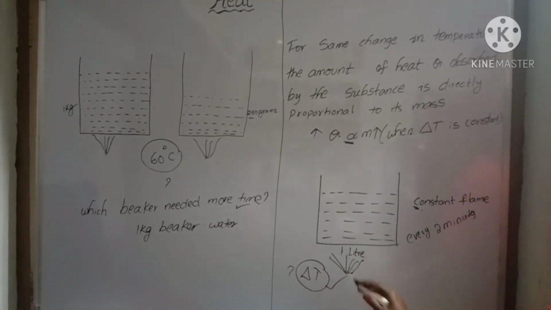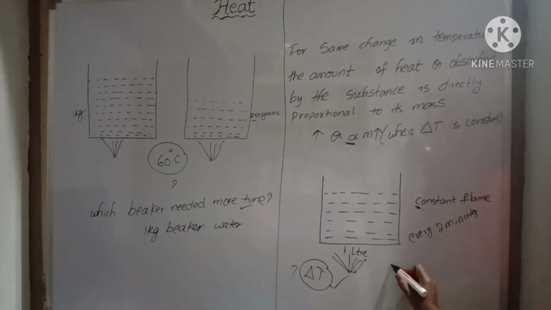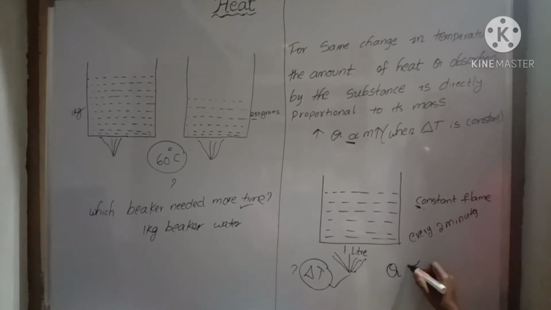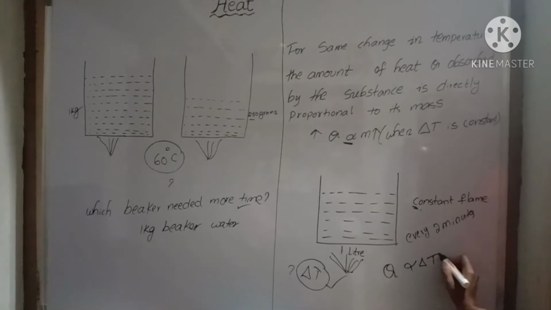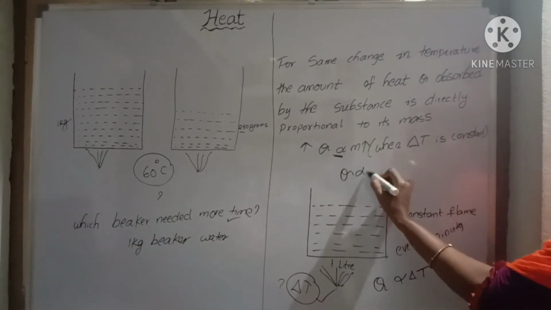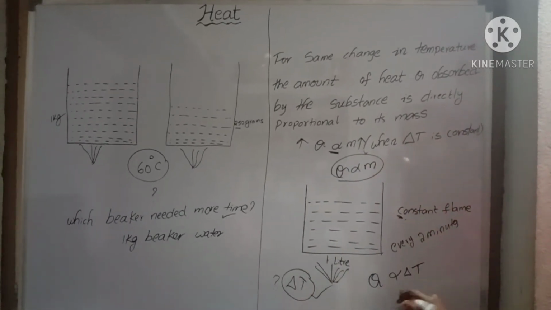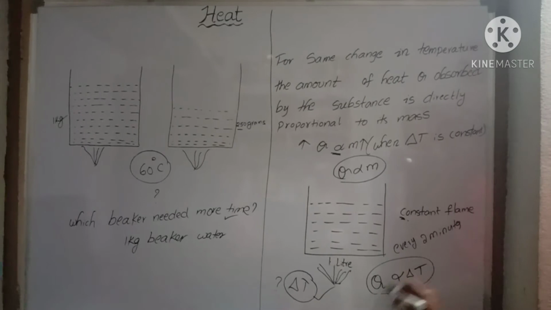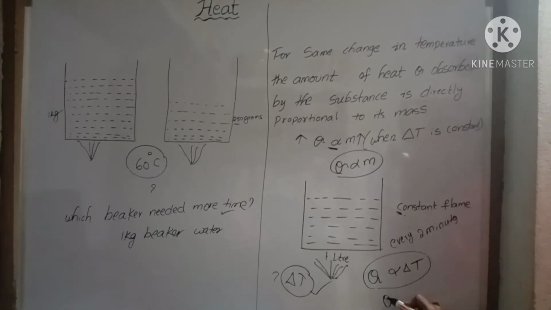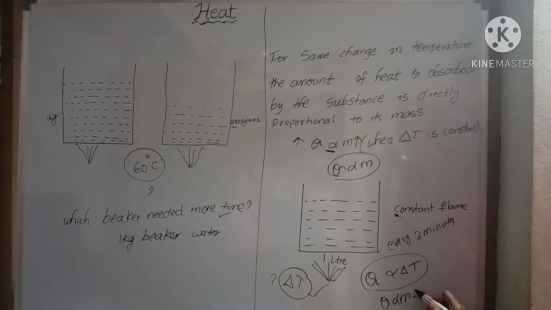That means for the same mass of water, the change in temperature is proportional to Q. That means Q is directly proportional to delta T, and Q is directly proportional to M. From this we can write Q is directly proportional to M into delta T.